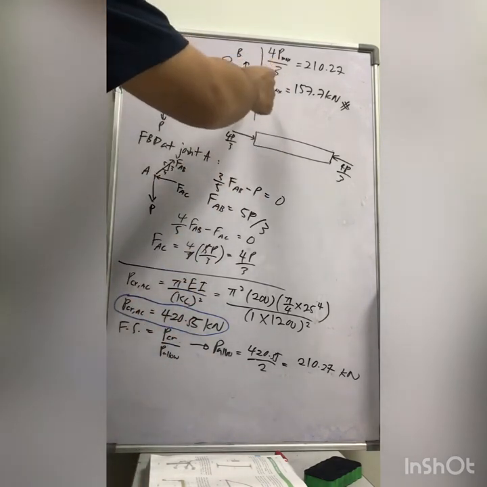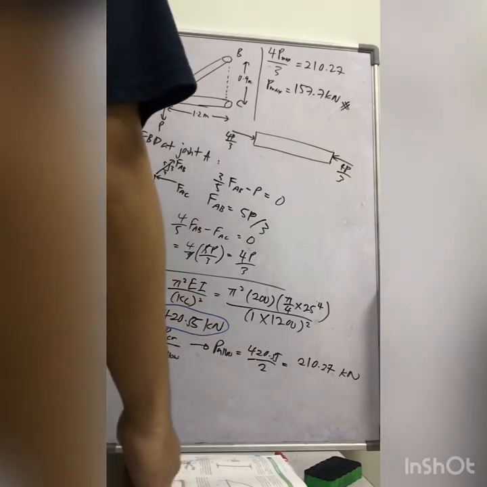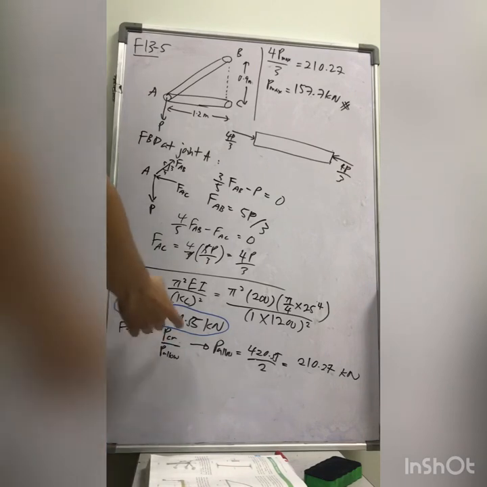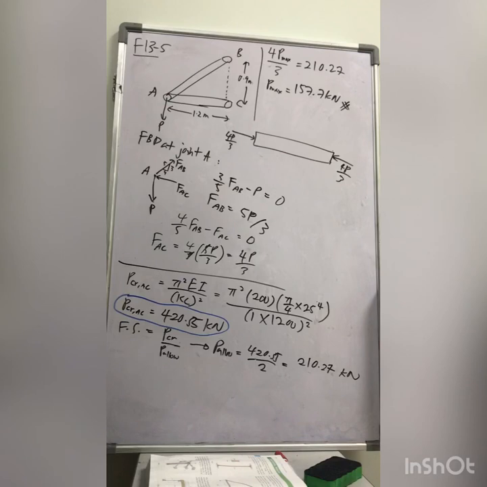Because you know that this is A36 steel, the yield strength is 250 megapascal, and you can check which one occurs first, whether this one or the yield strength.